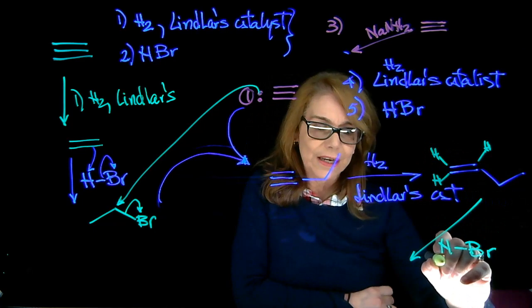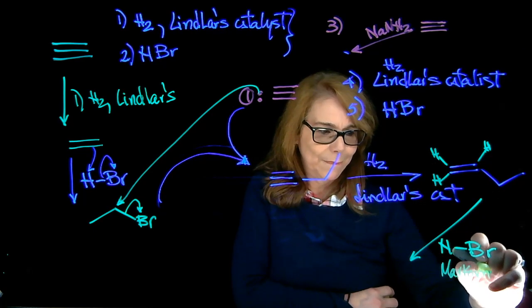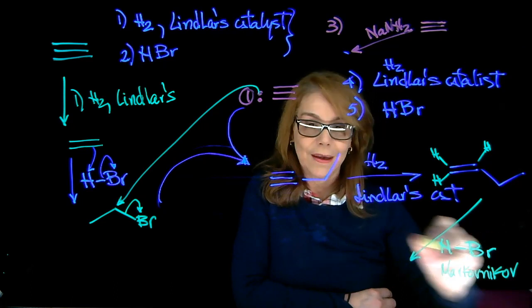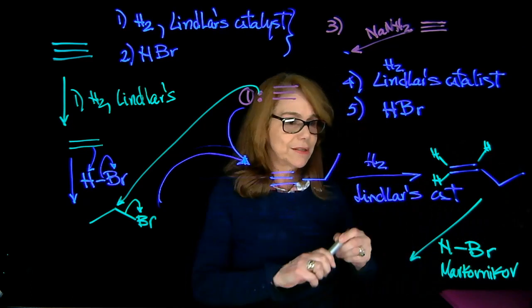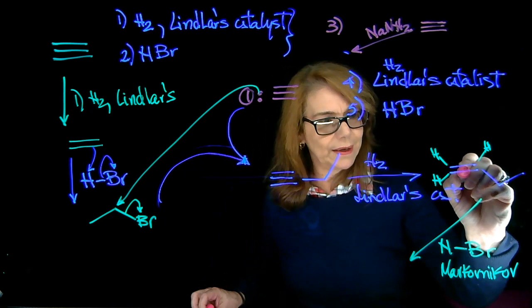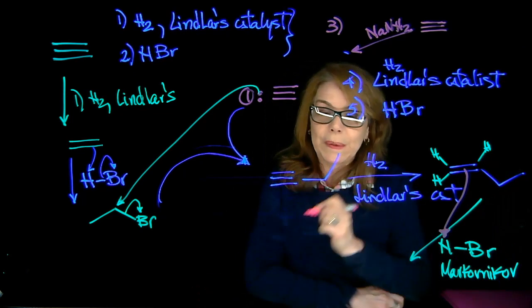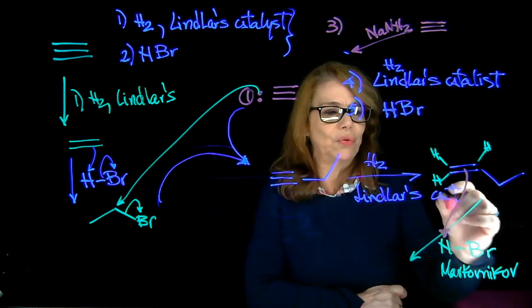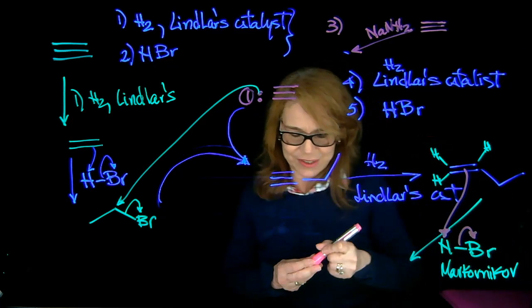So this reaction goes with Markovnikov regioselectivity. So we will have pi electrons attack here to get this hydrogen, and the hydrogen will be attached to the least substituted carbon, meaning where there are more hydrogens.